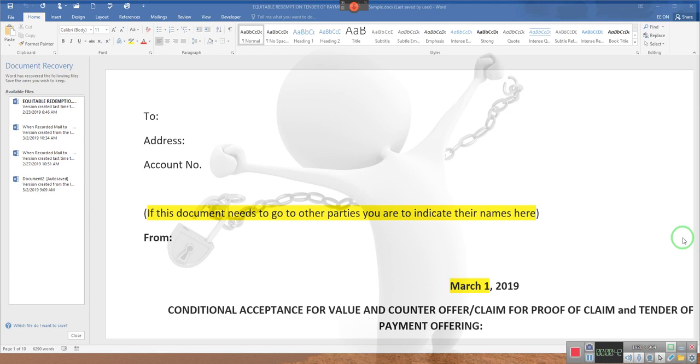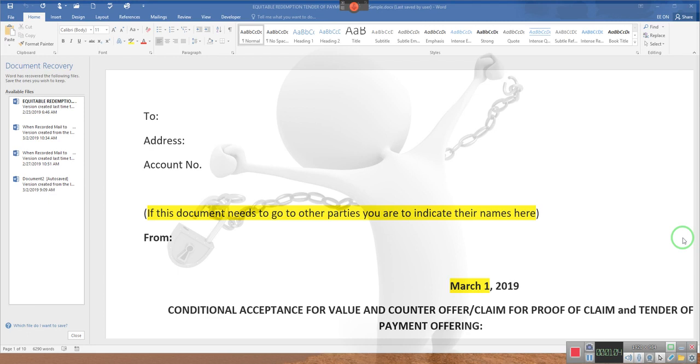It involves this equitable redemption tender of payment contract. See, the contract is in the instrument. The tender of payment is in the instrument. But it also does an assignment or a fiduciary appointment, i.e. called an assignment.